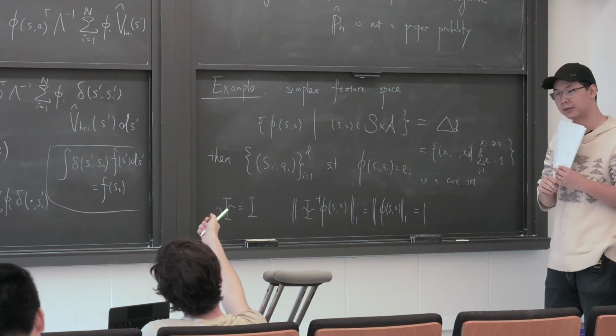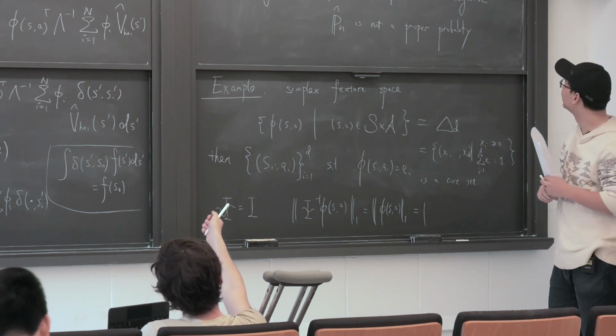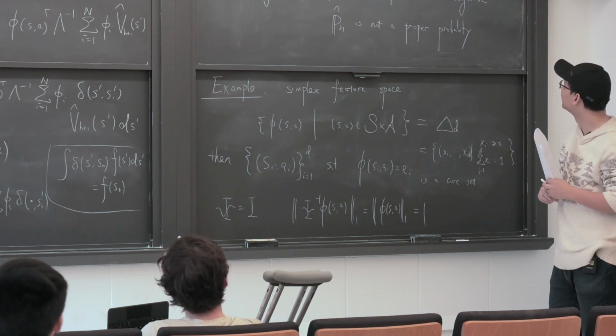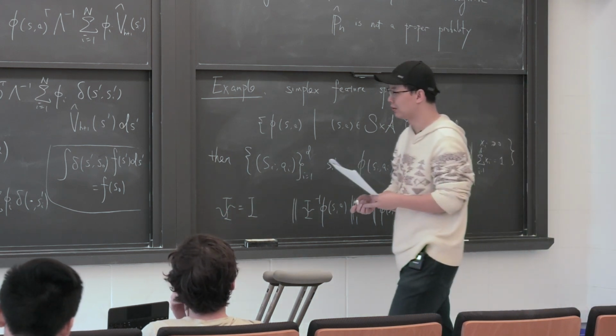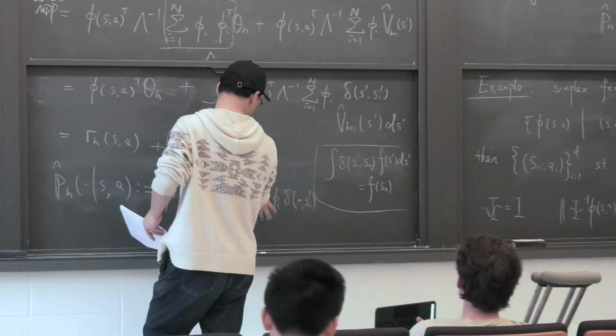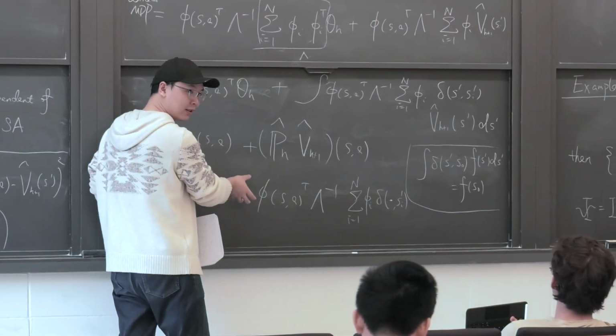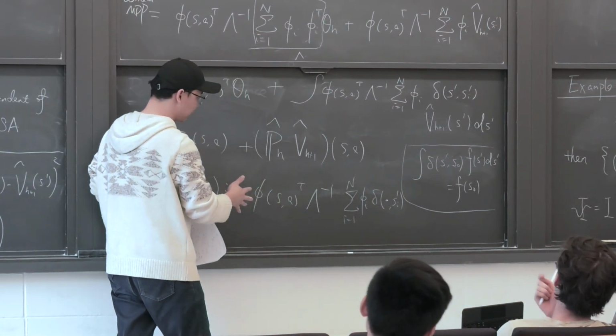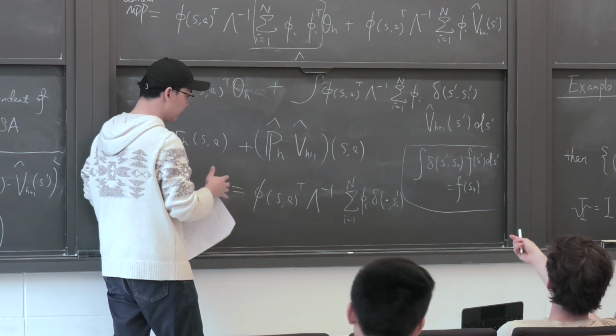Yes, questions? Where do we get that phi SA transpose times lambda inverse times phi I from? Oh, because we can just move the summation outside. That p hat just comes from that. Right.